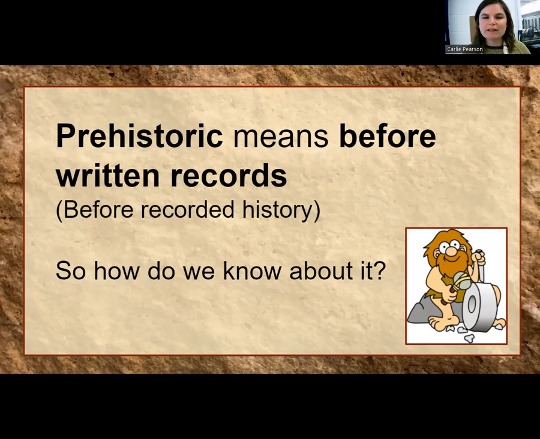So we have to rely on radiocarbon dating that scientists do to try to get a date of when something was made, when was the last time humans touched it, things like that. And we also use archaeologists. When they dig, sometimes they know how old something is depending on how far down it is in the ground.